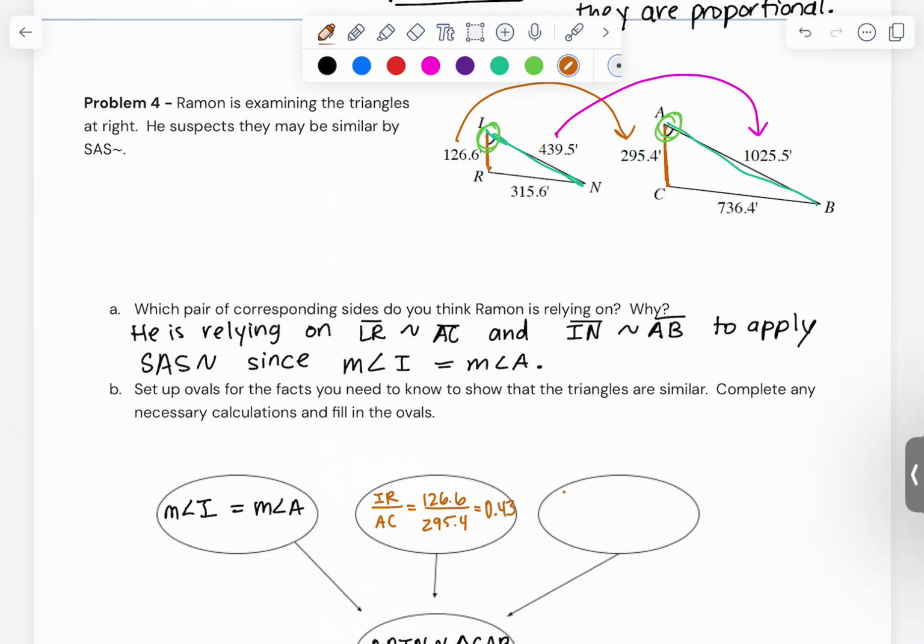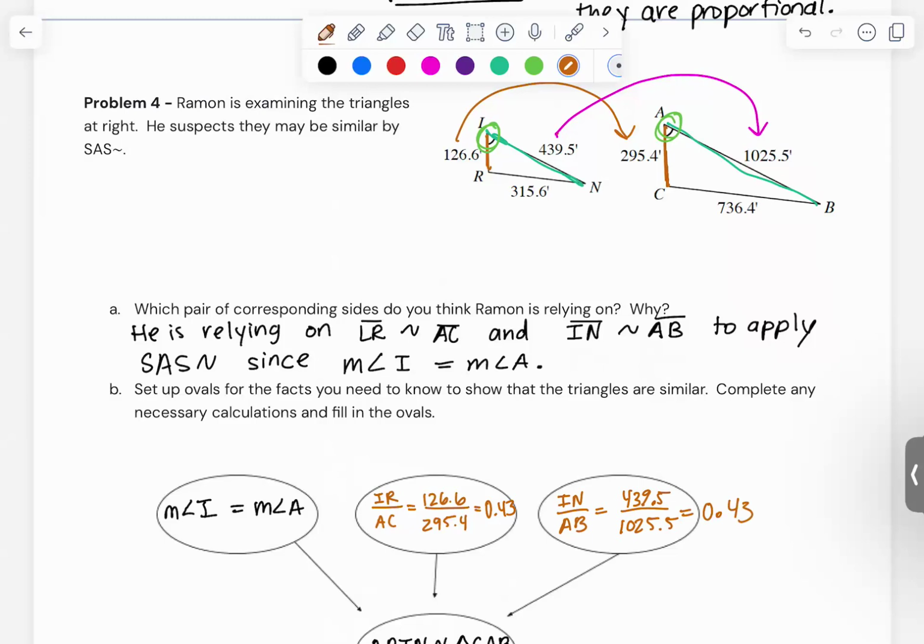Again, if I do AC, oh, I'm sorry, not AC. Oopsies. And then if I do my third side, I get IN over AB. And then if I were to put these values into the calculator as they are, so 0.43.